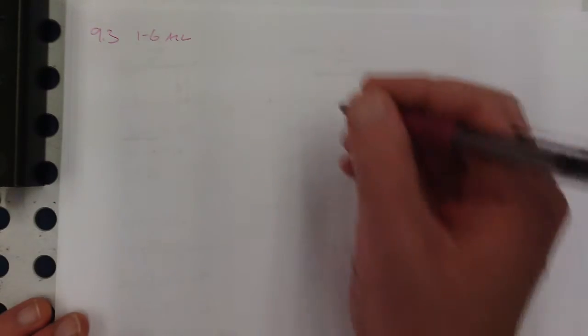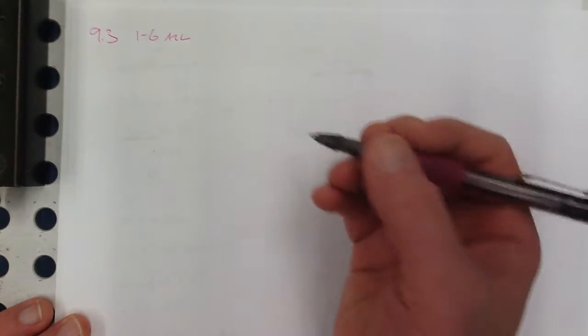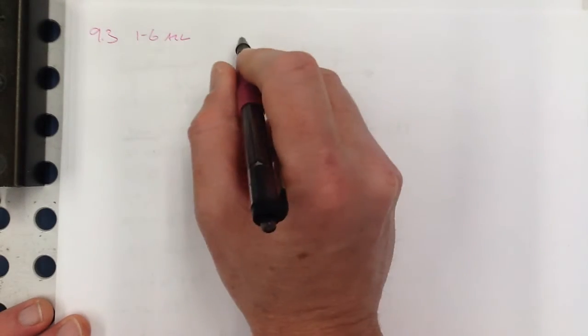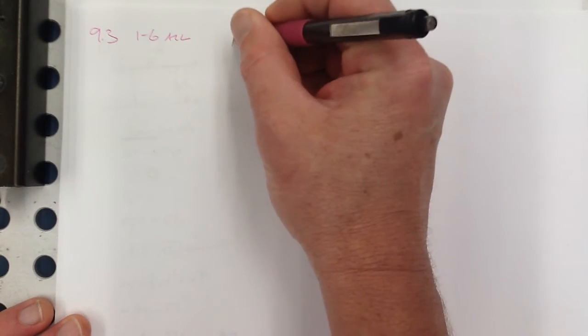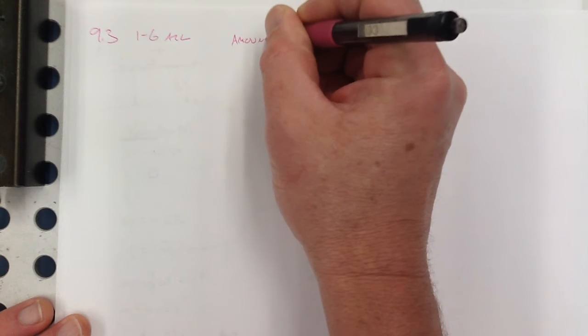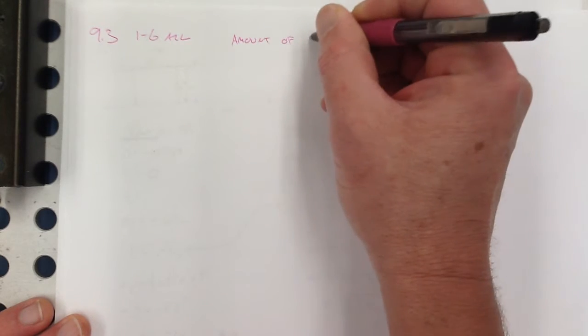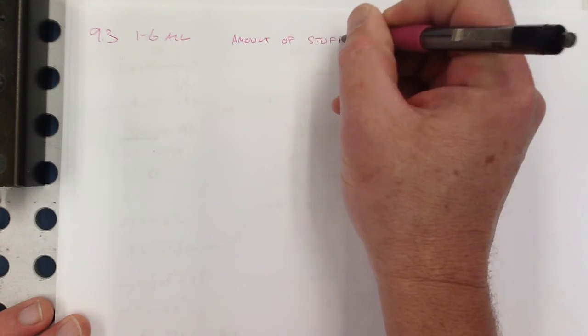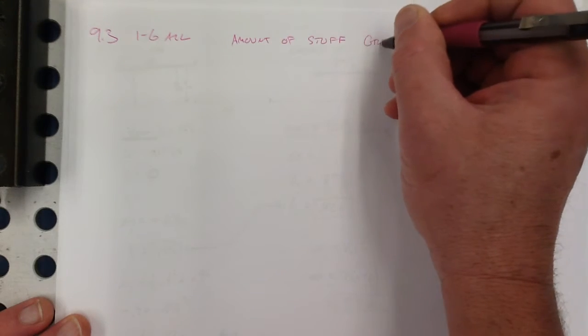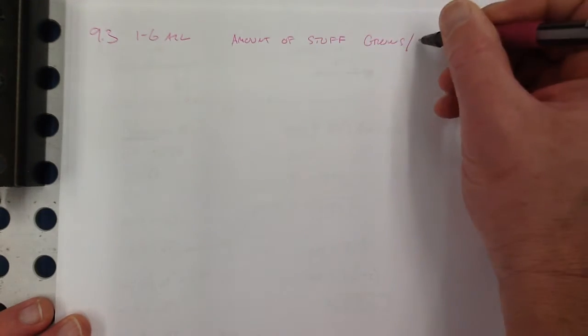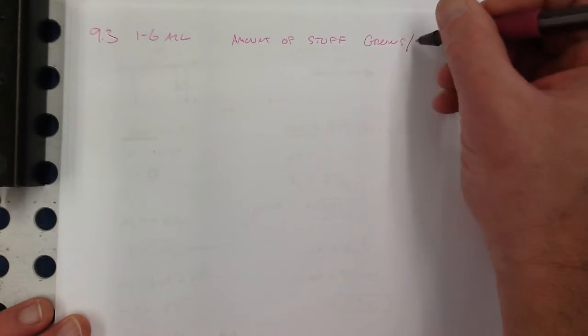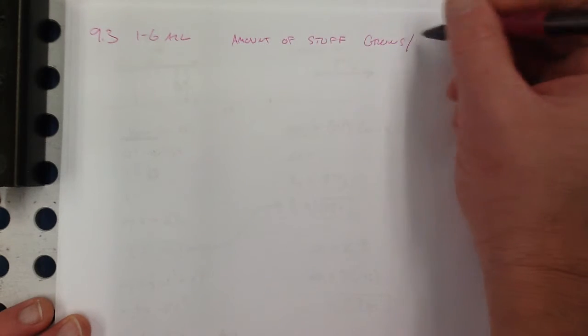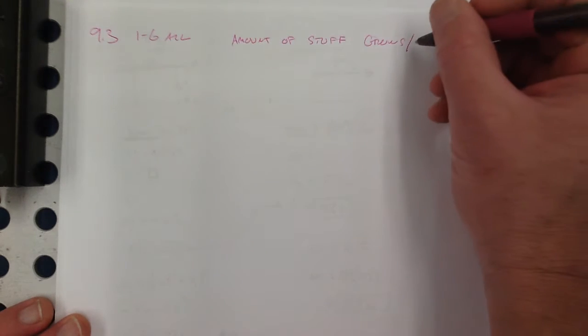And the basic model that we are interested in here is the model where we have an amount of stuff, whatever that stuff is, that grows, or the amount can also shrink. I guess if I could say grow, the opposite of that is shrink, right?